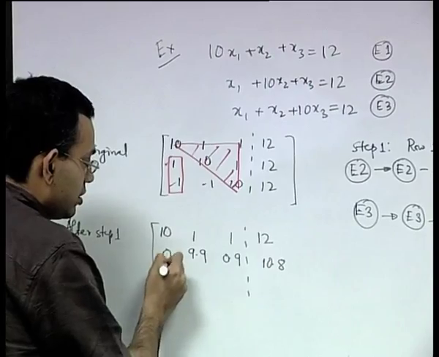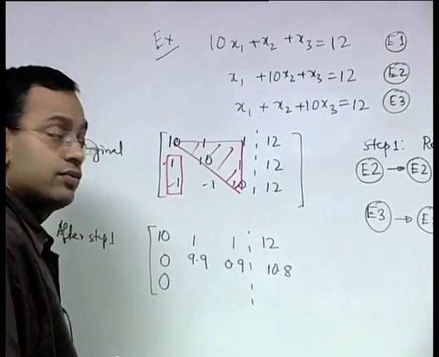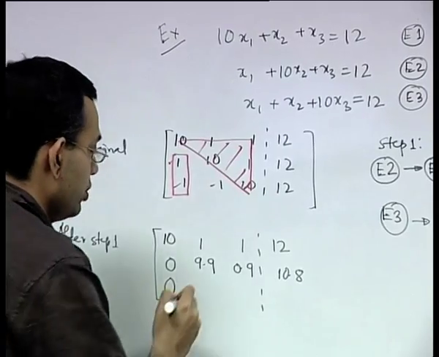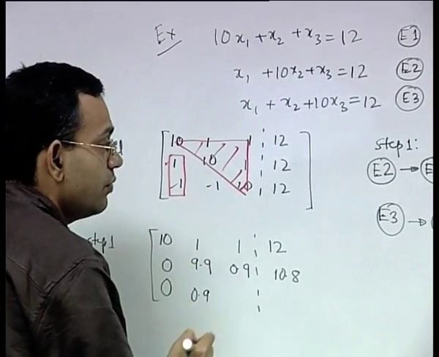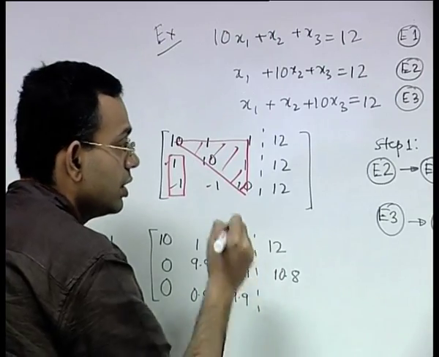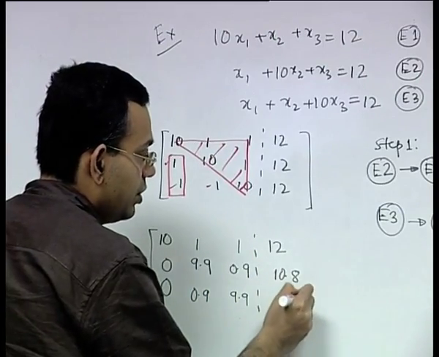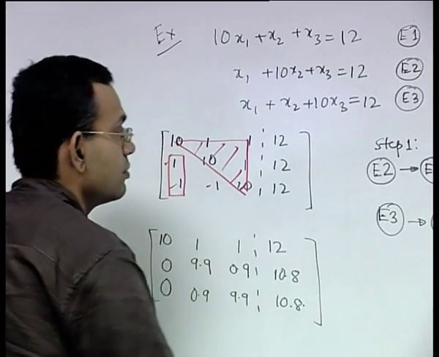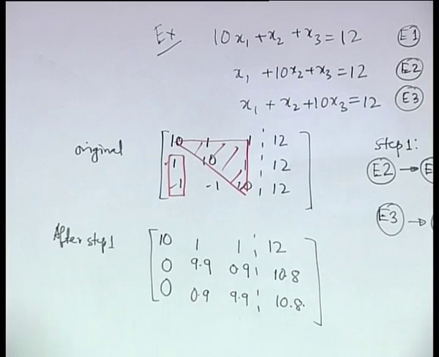In equation 3, the coefficient of x1 is 0, the coefficient of x2 is 0.9, the coefficient of x3 is 9.9 and the right hand side is 10.8. So, this is after step 1.